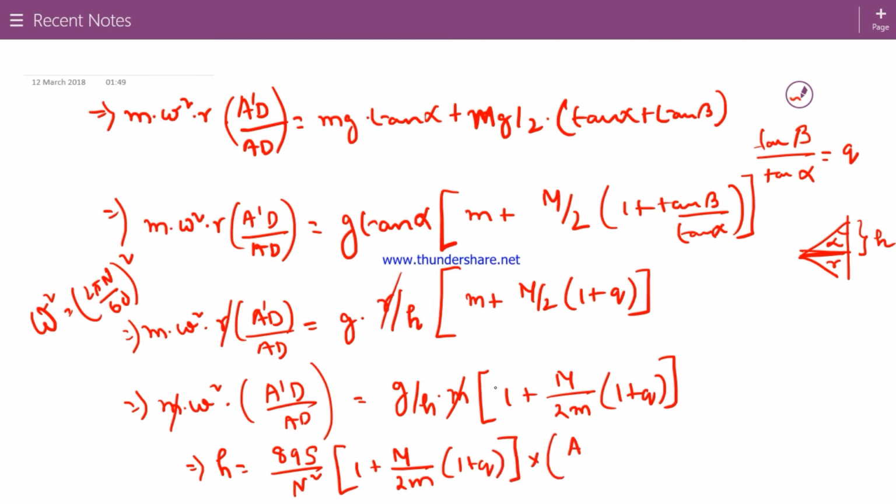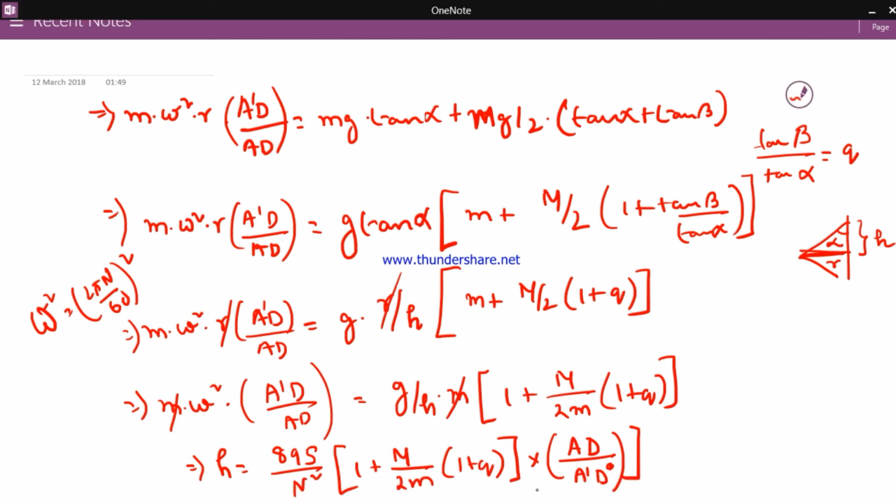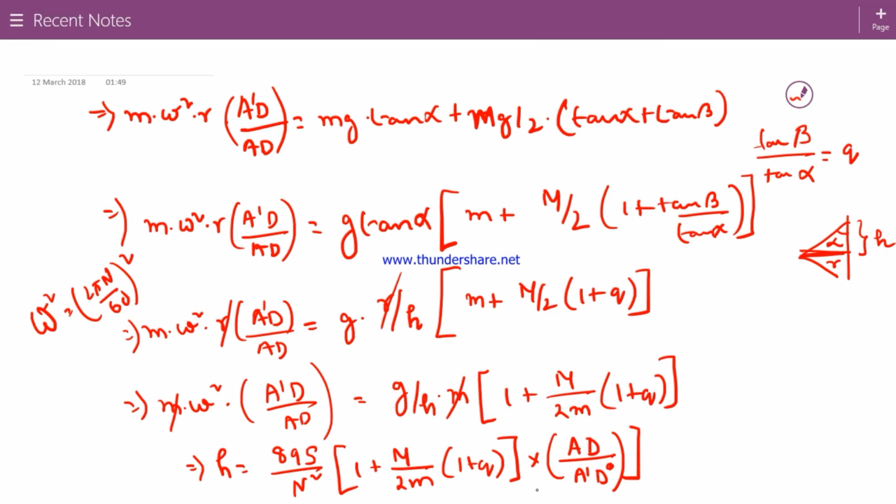So it will be ad by d dash, isn't it? Okay, so we have derived the equation of h for the Proell governor. Finally we have found out the h, the governor height of the Proell governor.